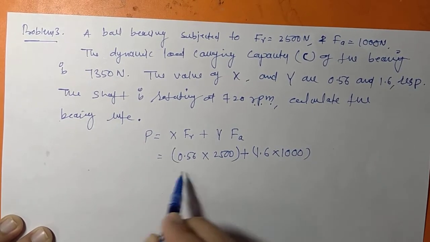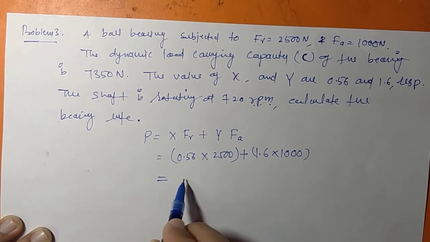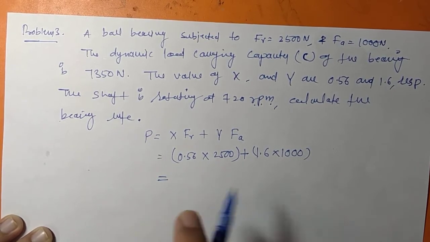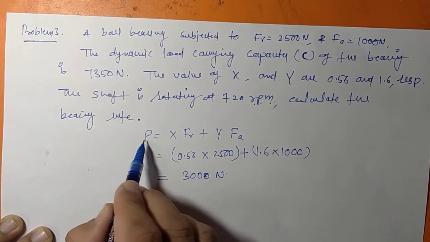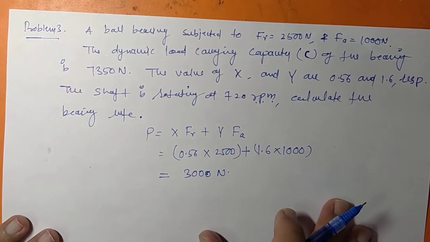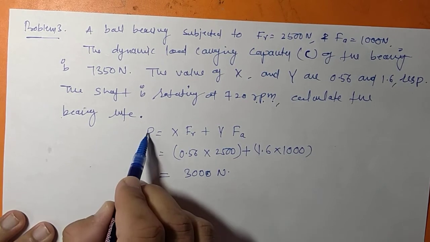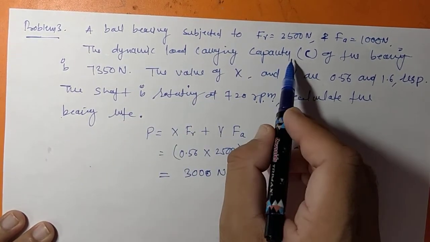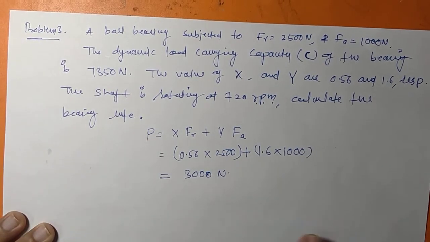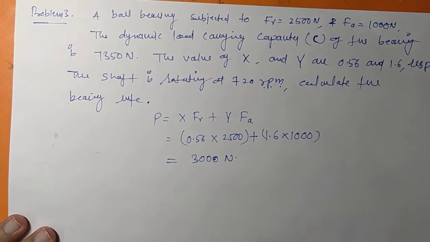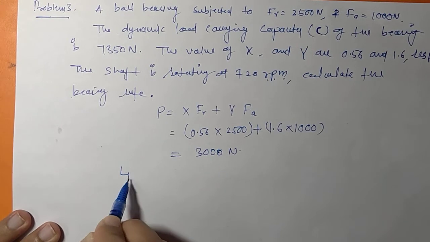We'll solve this and we'll get 3000 Newton as the equivalent dynamic load. Now if we know the equivalent dynamic load and the dynamic load capacity C, then we can find out the bearing life. So bearing L10 life is given by a formula.